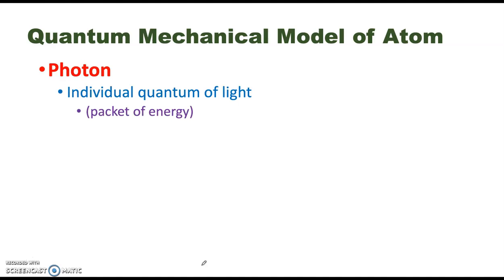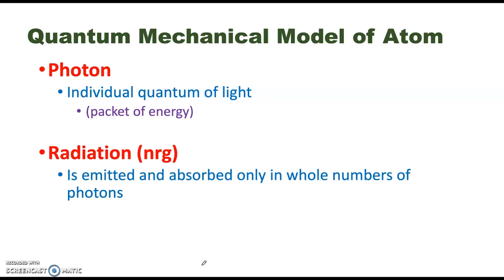Okay, a photon. A photon is an individual quantum of light. So light, you can think of it, it carries packets of energy that it delivers. Different light carries different sized packets, and we're going to come back to that too. So radiation is emitted and absorbed in whole numbers of photons. So this is really important.